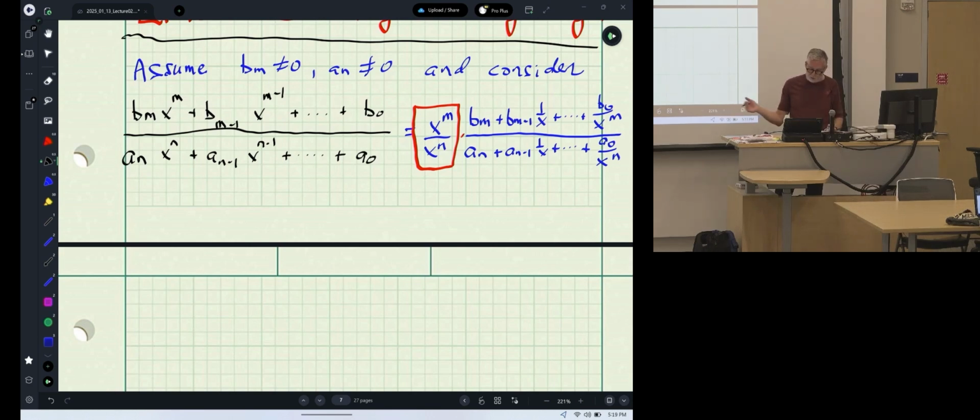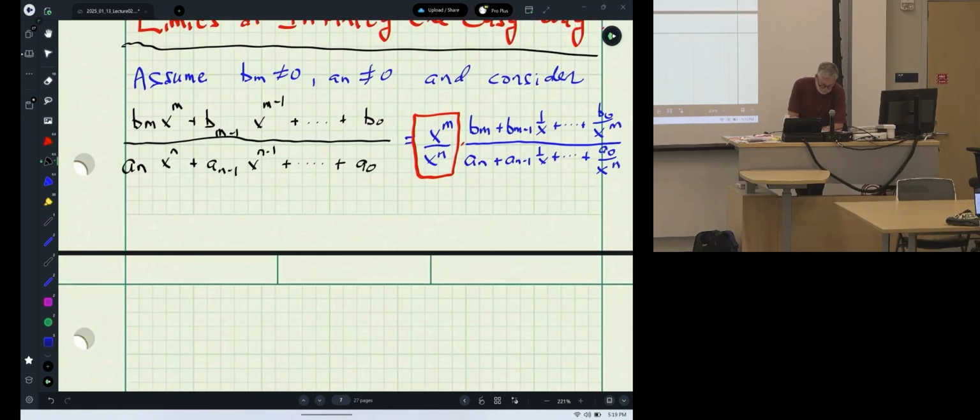Okay, so the numerator on the right-hand side reduces to the constant b_m. Let's look at the denominator when x is large. So when x is large, we got this constant, that goes to 0, so this vanishes, the next term goes to 0, that vanishes, and all of this stuff vanishes.